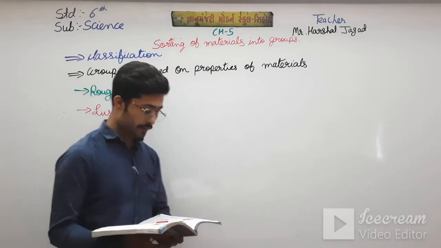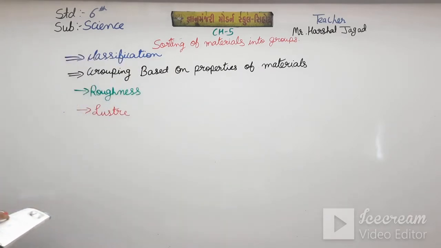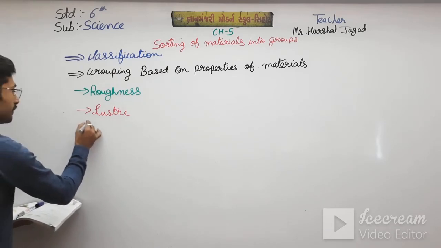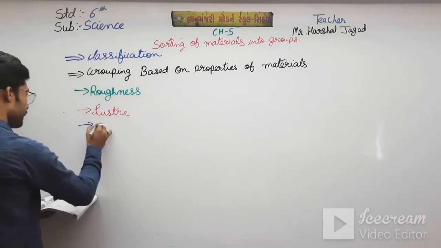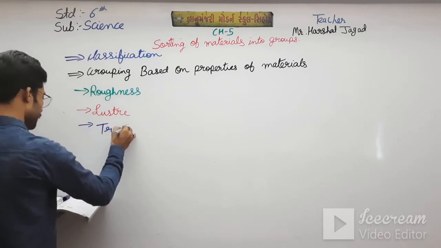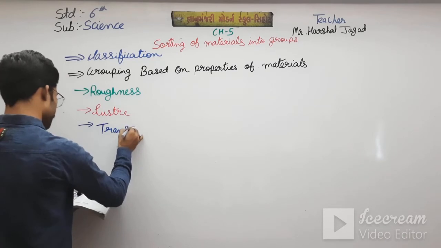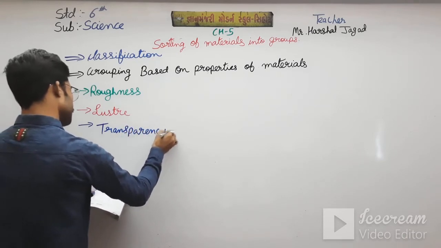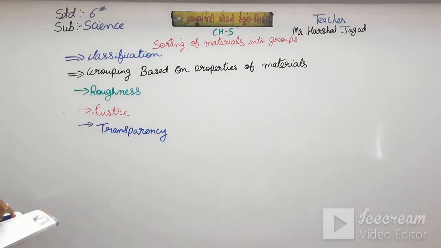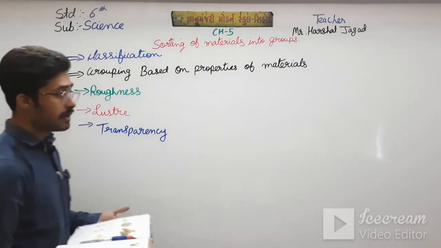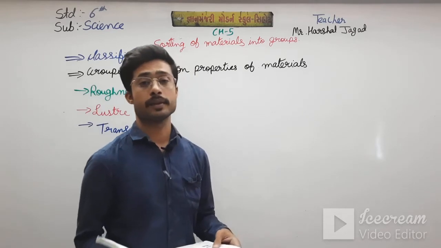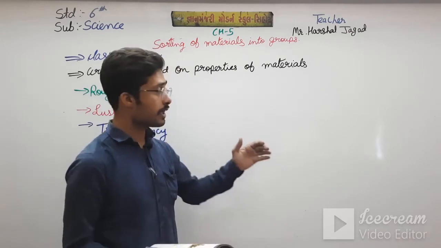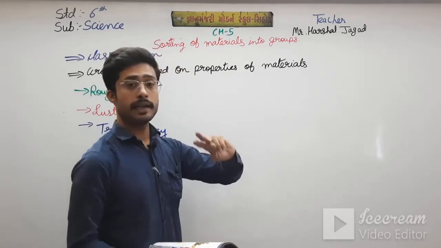Okay, and then comes transparency. So what is transparency? Let us see, students. A transparent substance is an object from which we can see its backside.